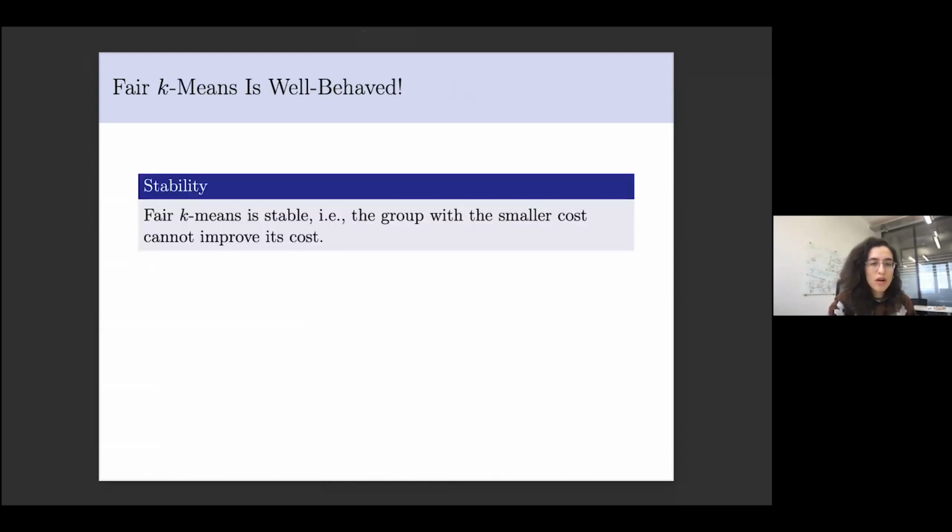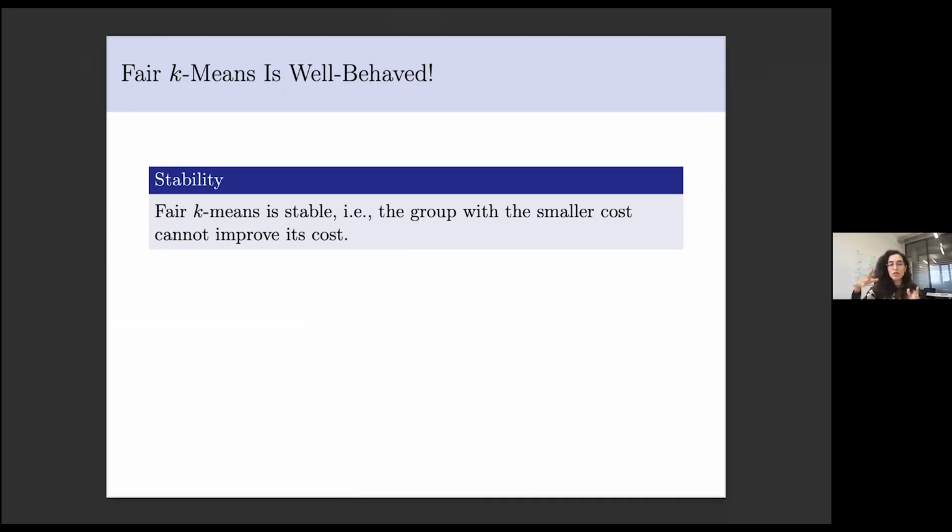Furthermore, our fair k-means solution is stable, which means that, of course, we are guaranteeing that the group with the maximum average cost cannot improve their cost at the optimal solution. But furthermore, we even show that the group with the smaller cost cannot improve. In other words, our solution is on the Pareto frontier.